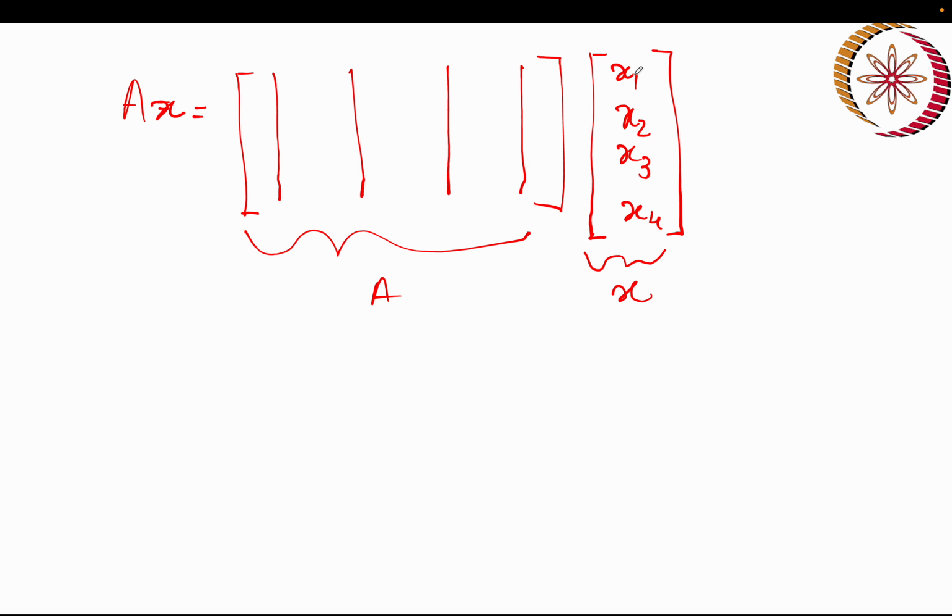Ideally, X should span the 4 dimensions, but X doesn't have all the variables free.